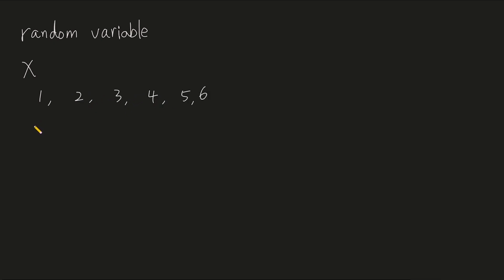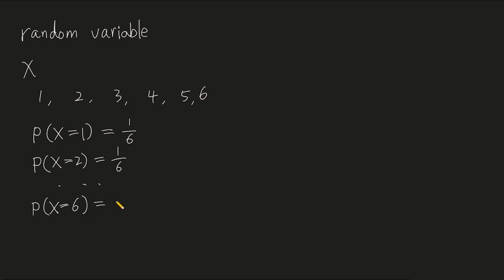So the probability that the outcome equals 1 is 1 over 6. The probability that the outcome equals 2 is 1 over 6, and so on. The probability that the outcome equals 6 is also 1 over 6.